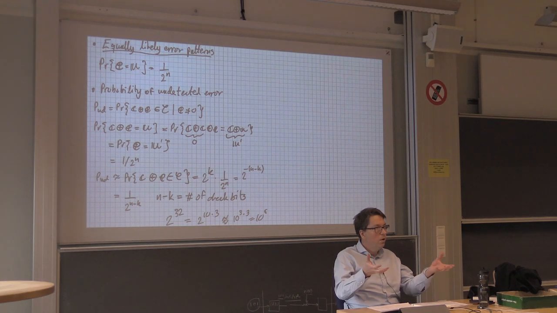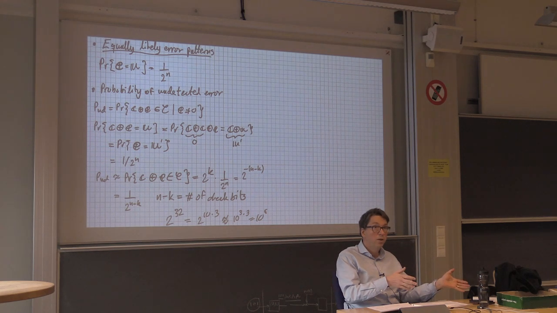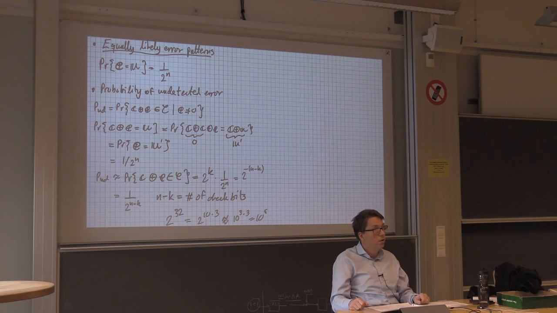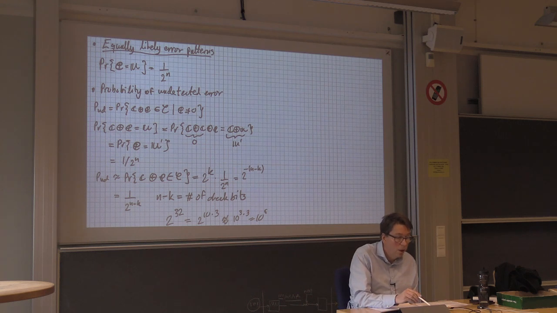So what the receiver gets is a sequence of random bits, which has nothing to do with what's actually transmitted. But still we would like to be able to detect that event, right?